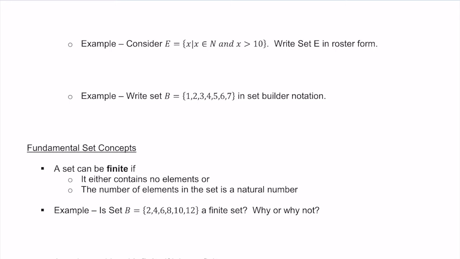So remember, the natural numbers are your counting numbers. So I count something by starting at 1, and it says it has to be greater than 10. So we're not going to include 10. So set E would just be starting at the number 11 and then going all the way up to infinity.